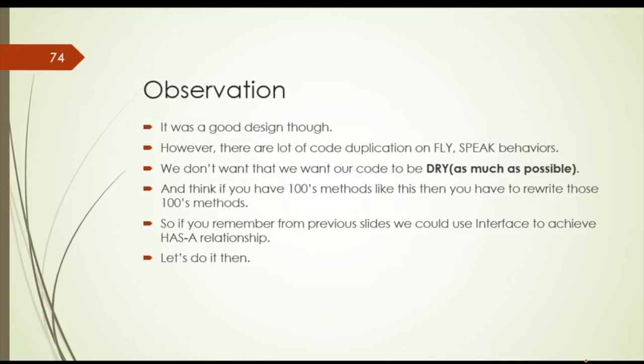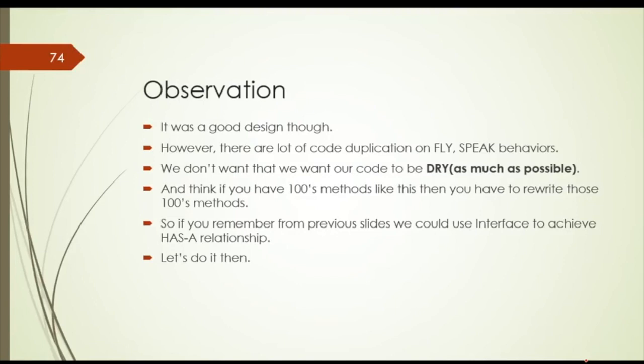And think if you have 100 methods in a class. Some business apps really have 100 methods in a class. So if you're really doing such things, you will end up writing these 100 methods in 100 different places. That would be really tedious and a very bad solution for your problem.